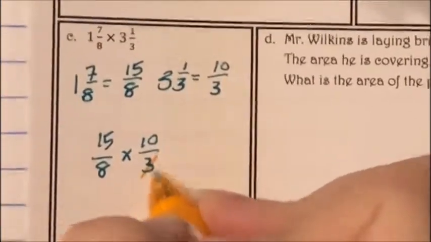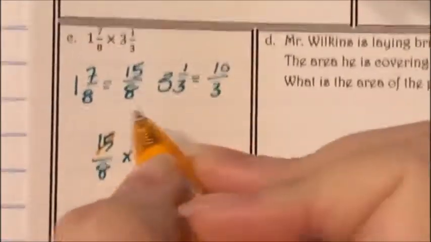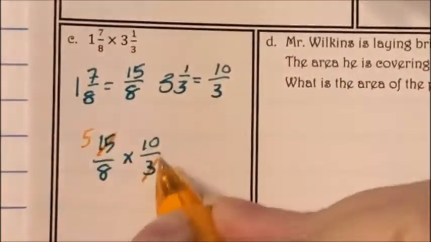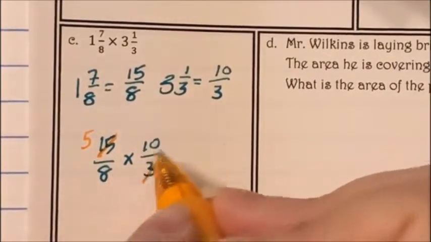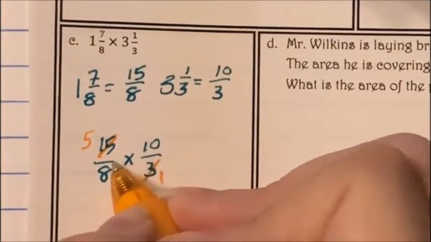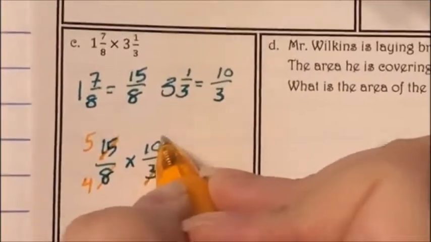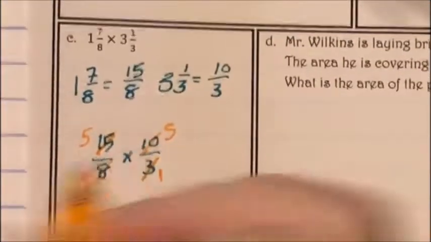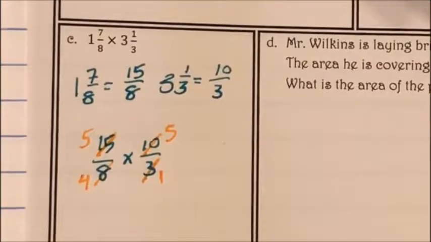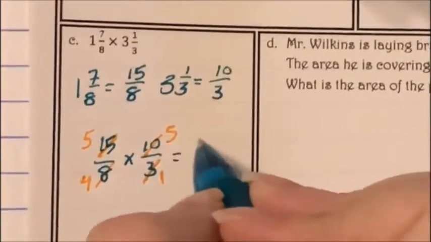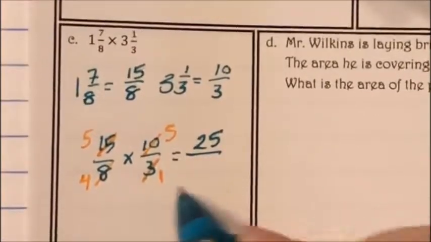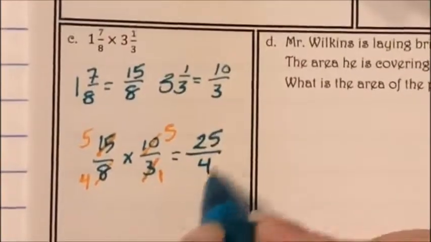3 can go into 15 one time. 15 divided by 3 gives me 5. 2 can go into both 8 and 10, so 8 divided by 2 is 4. 10 divided by 2 is 5. Okay. So then I have 5 times 5 is 25, and 4 times 1 is 4.